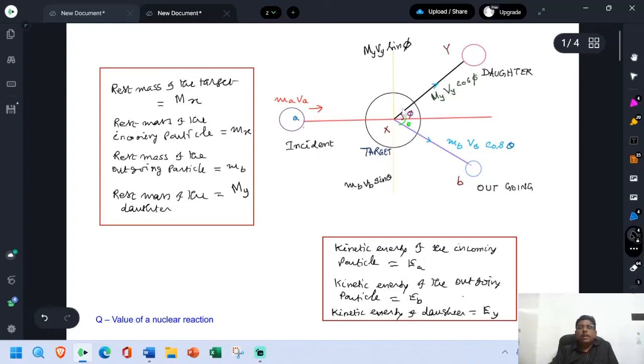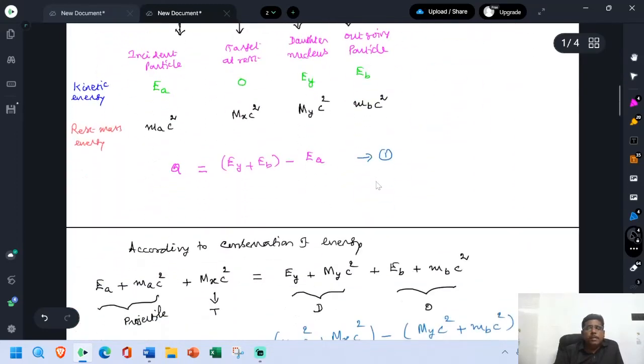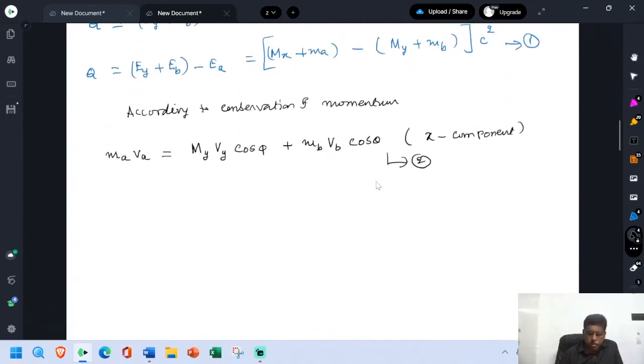Here the daughter is making its recoiling motion, so the momentum of the daughter is opposite to that of the outgoing particle. Now we can write myvy sin phi, which is equal to mbvb sin theta. This is the y component of momentum.